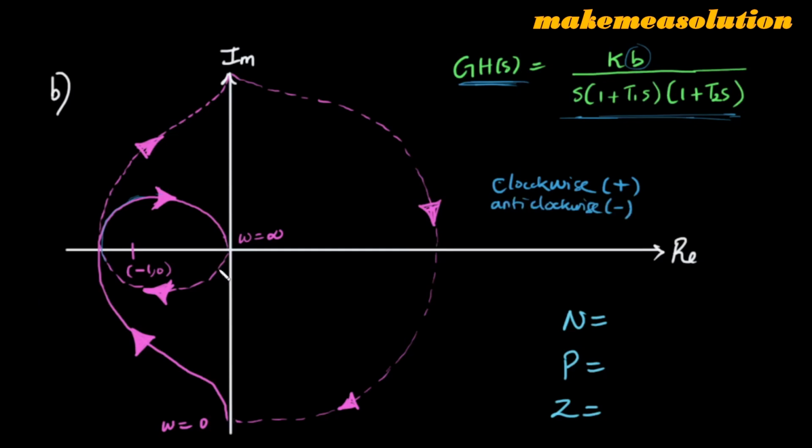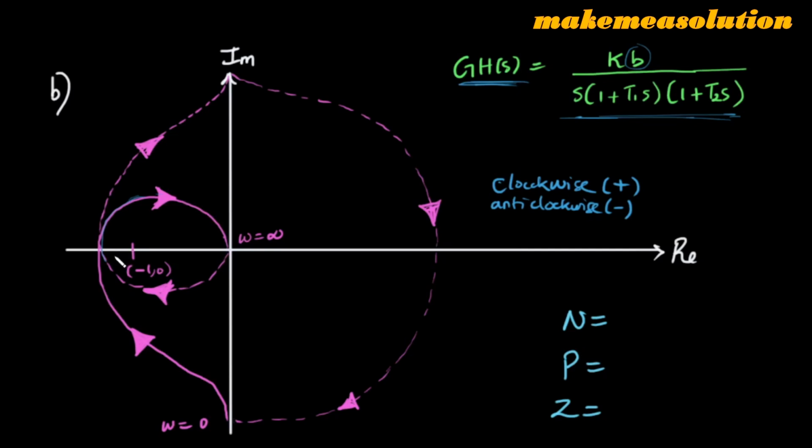So if you're studying the Nyquist diagram and you discover that your encirclement is in a clockwise direction, you give n a positive sign. But if your encirclement is in an anti-clockwise direction, n will be negative.